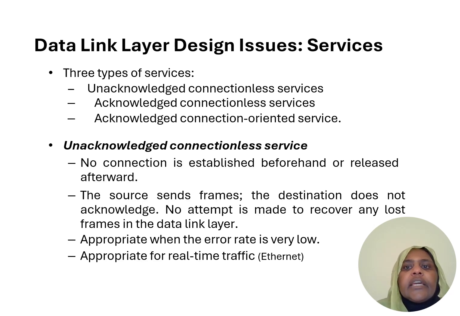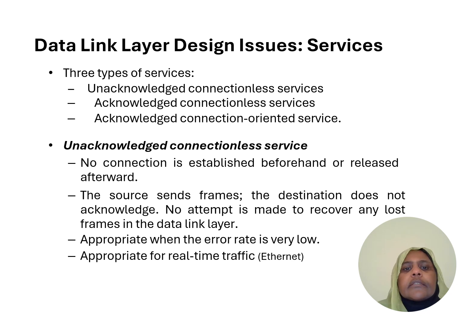The data link layer provides three types of services to the network layer: connectionless service with no acknowledgement, connectionless service with acknowledgement, and connection-oriented service with acknowledgement. The unacknowledged connectionless service has no connection established before sending data.